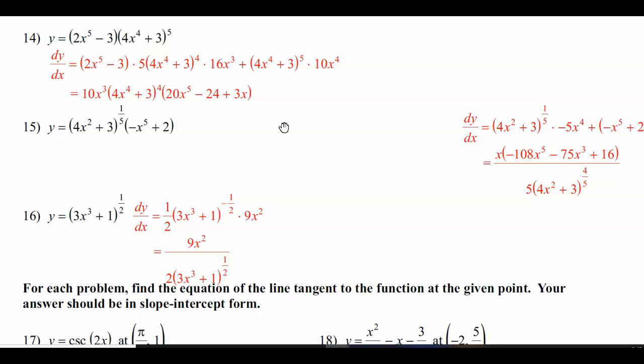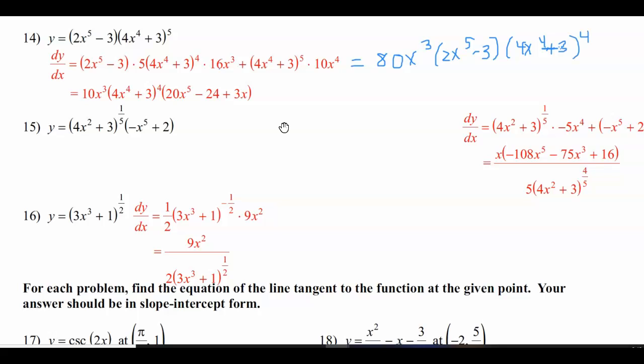Okay, so your 80 is okay. 80x cubed, 2x to the 5th minus 3. I think it's just my simplification. All of my first lines are the same.